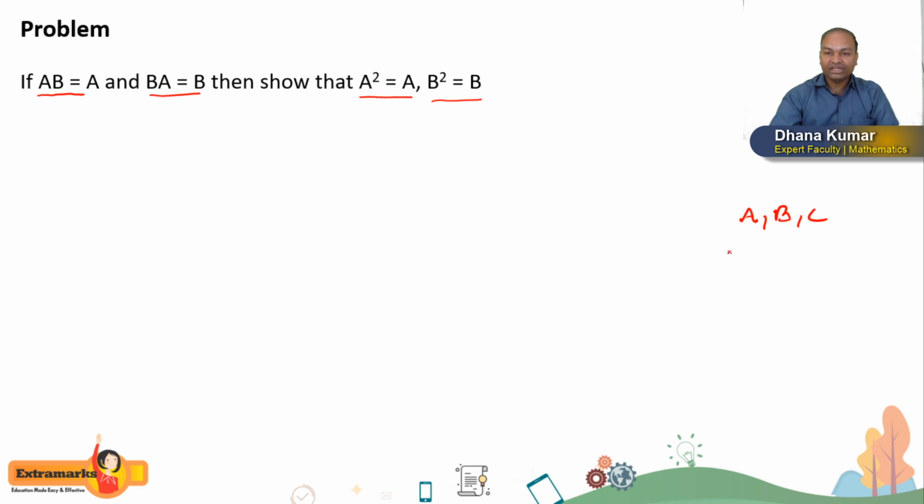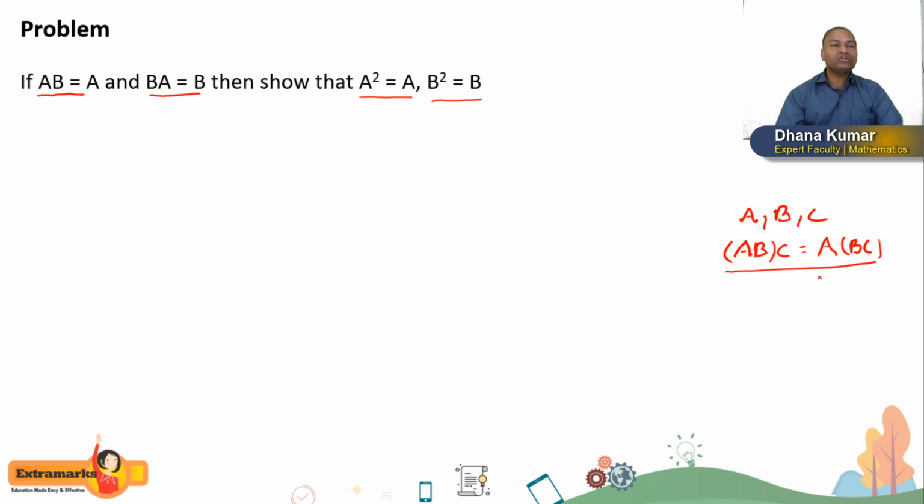Associative property is (AB)C is equal to A(BC). Here A, B, C, A, B, C: in one case the first two elements are in brackets, in the other the last two elements are in brackets. Okay, you have to follow like this.